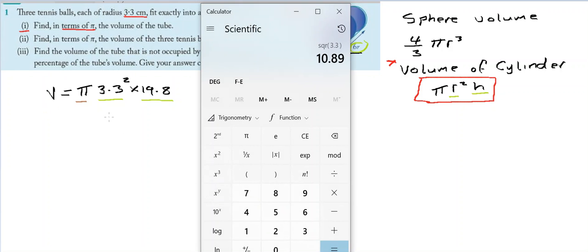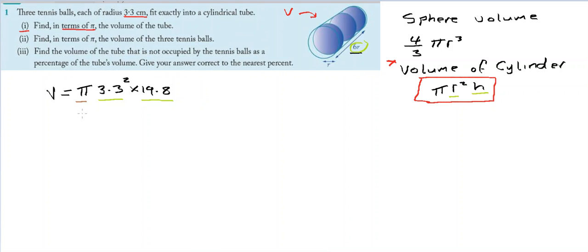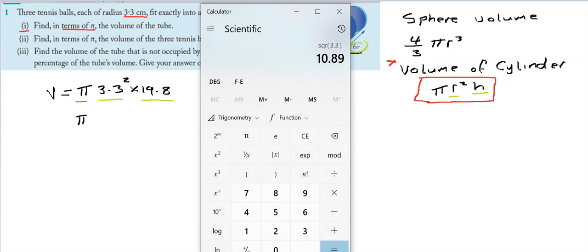So it's going to be equal to pi times 10.89.